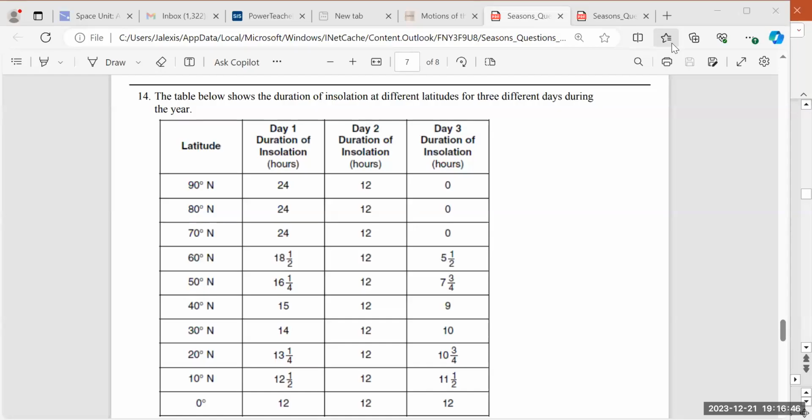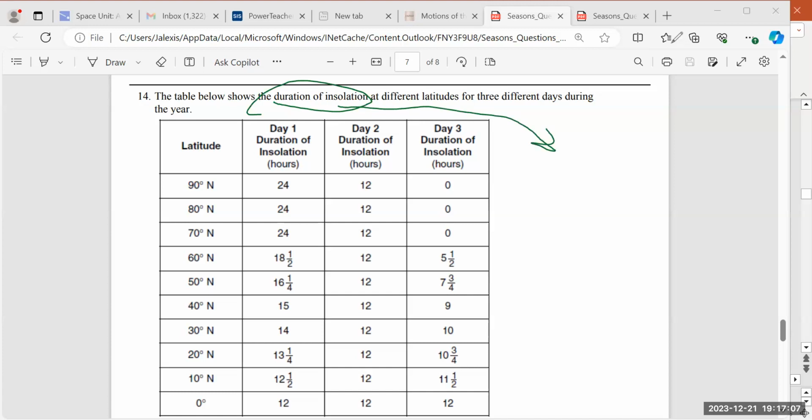Number 14, the table shows the duration of insolation at different latitudes for 3 different days during the year. So they're giving us the duration of insolation. What does the duration of insolation mean once again, everybody?